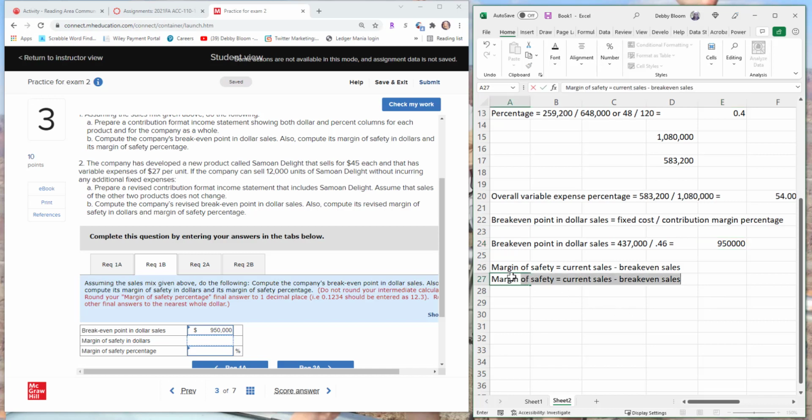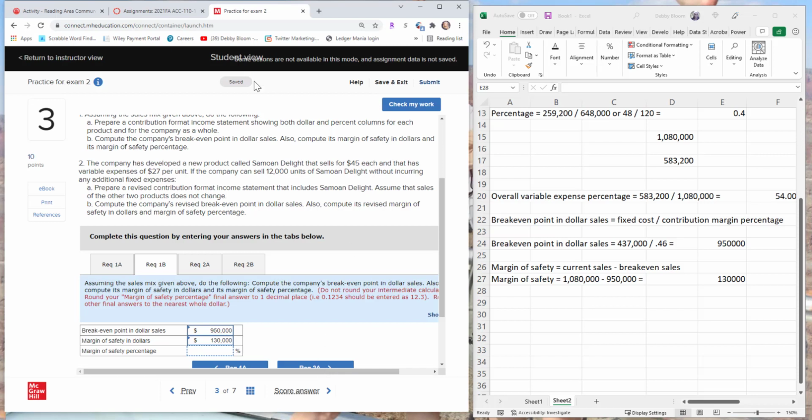So our margin of safety is the $1,080,000 of total company sales that we calculated in part 1 minus the $950,000 break-even sales we just calculated. If I subtract, I get a $130,000 margin of safety in dollars.